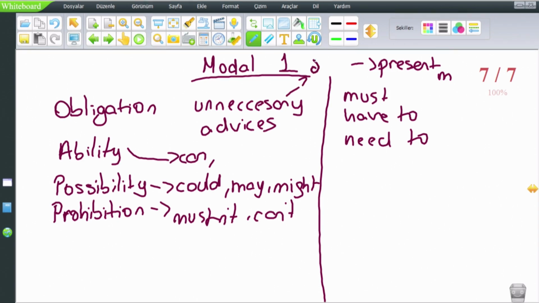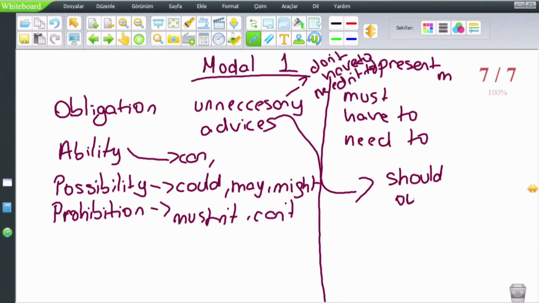Unnecessary, we use don't have to or needn't to or don't need to, doesn't need to. While giving advice, we are talking about should, ought to, and had better. And if we are giving a strong advice, we can also use must.